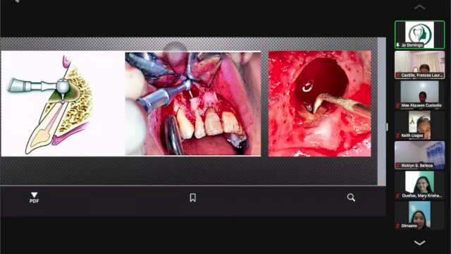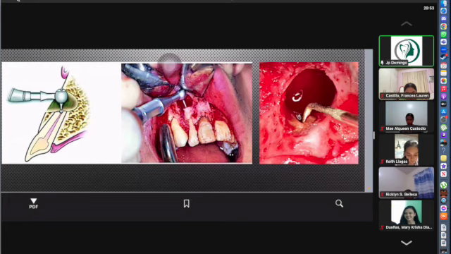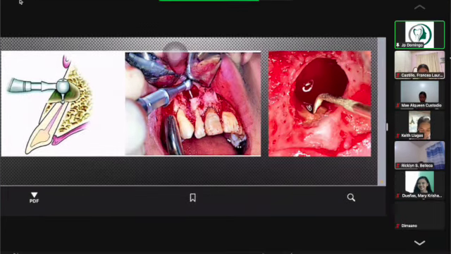So look at the diagram now. It shows the traditional technique. Diba? Traditional technique yan, yung una. Samantalang yung pangalawa, yung may malaking butas, that is a modern technique.